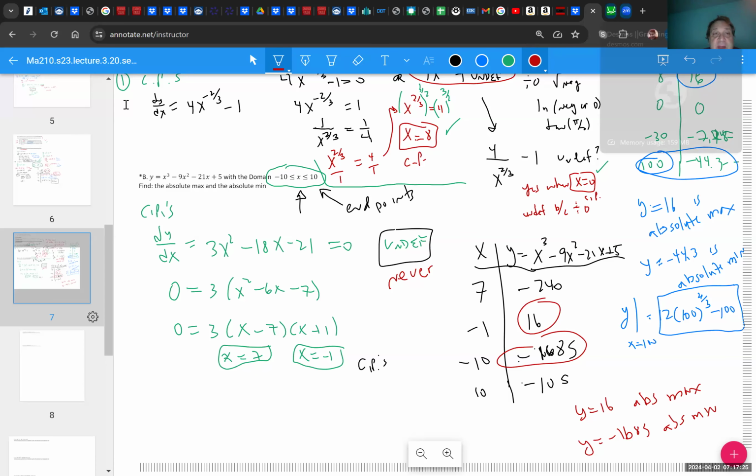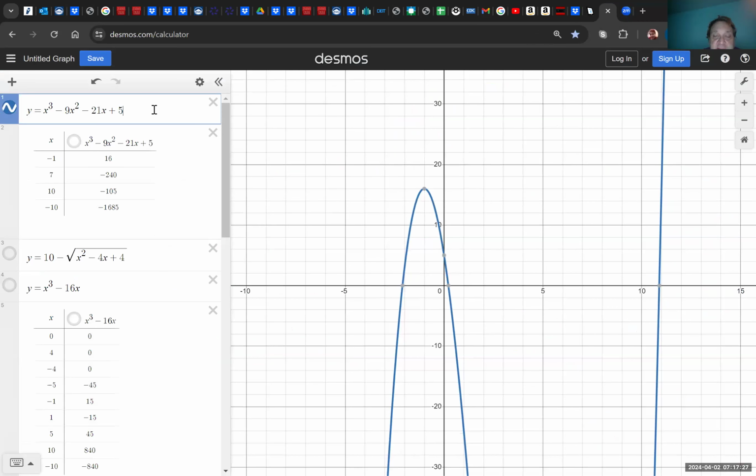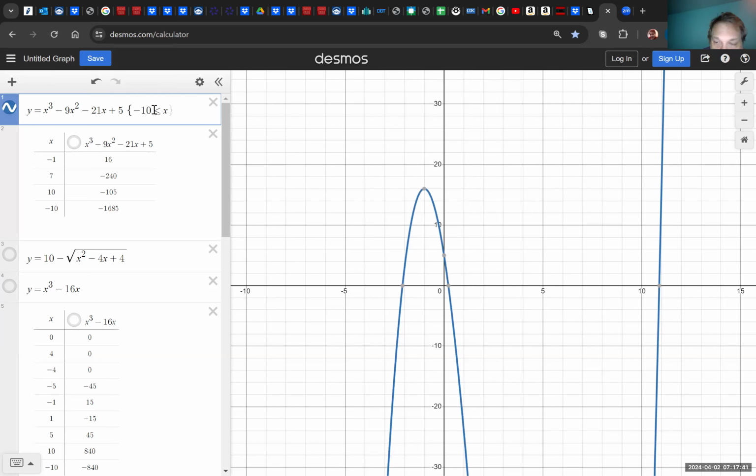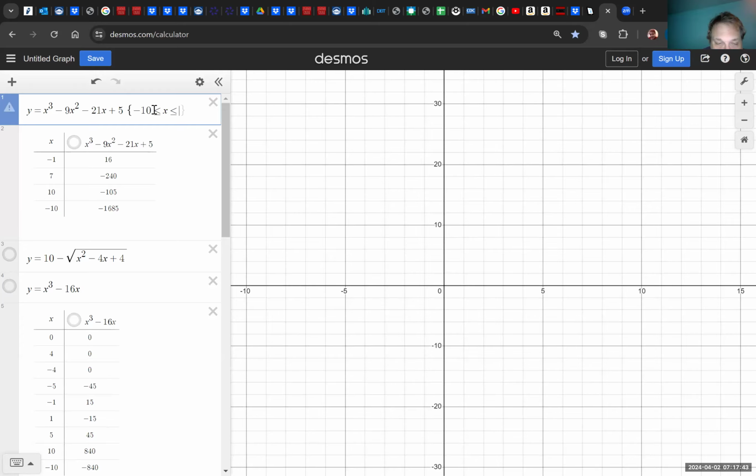So in Desmos, I can take a function and put in brackets afterwards. Not that kind of bracket, this kind of bracket. -10 and 10. Close bracket.